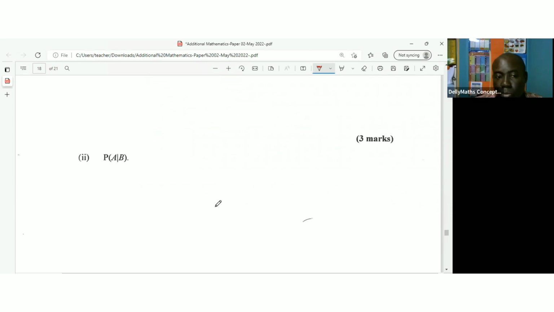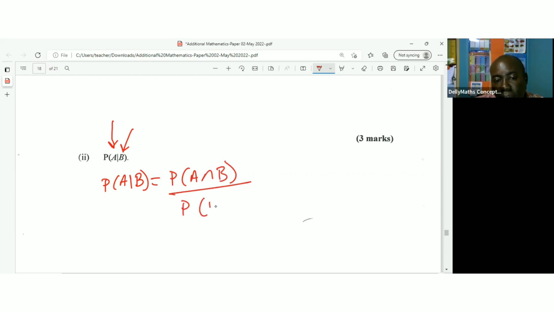So this is a conditional probability, and it is saying, what is the probability of A given that B occurs? So we want to find the probability of A given that B has already occurred. There is a quick formula for this. The formula is the probability of A intersect B over the probability of B. The probability of the intersection, we just found that.